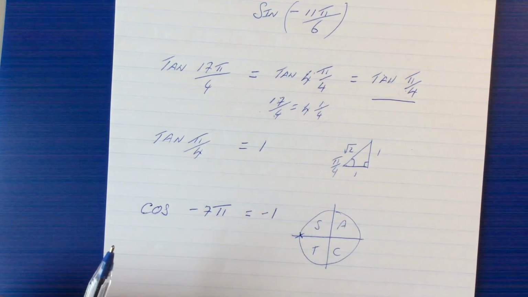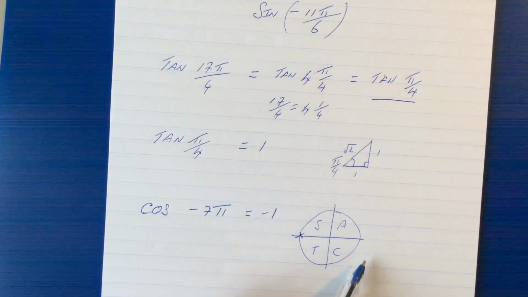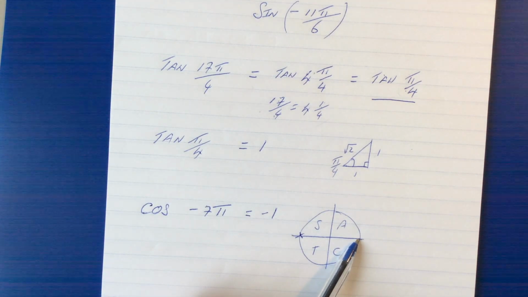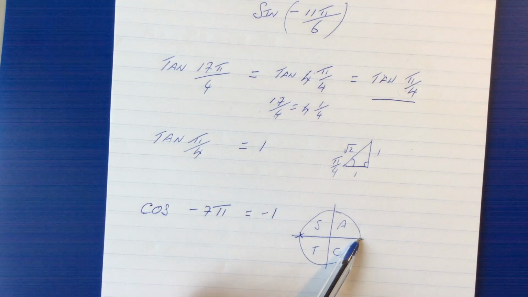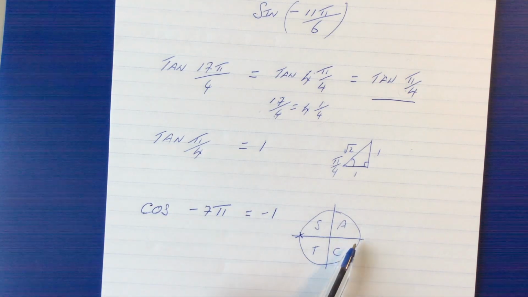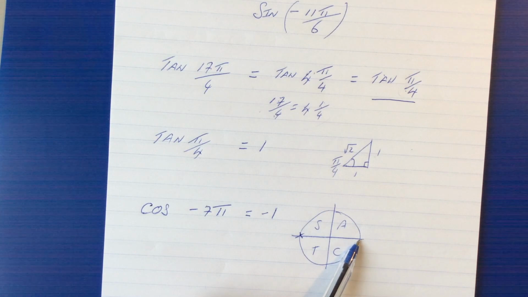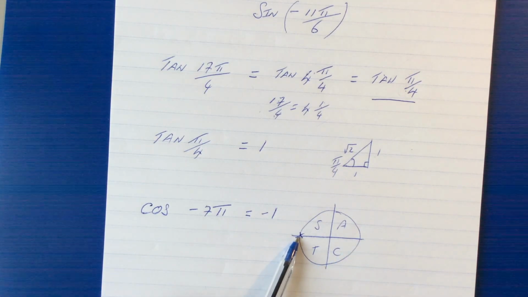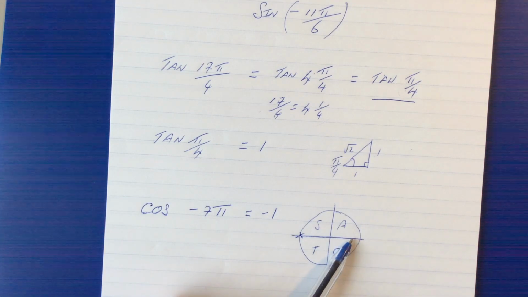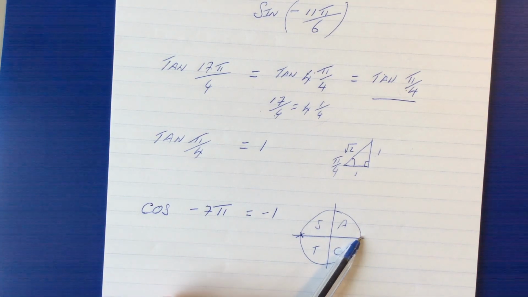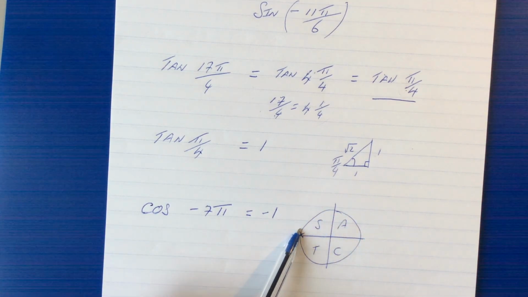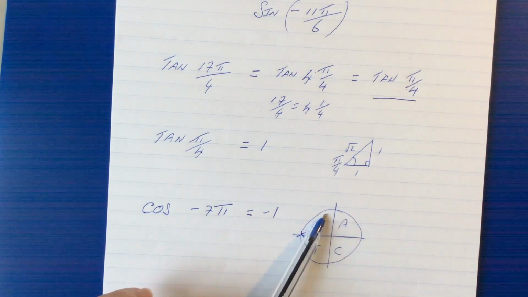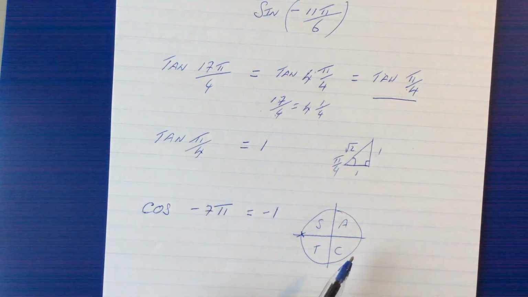Right, this is fairly easy, and I'm going to use the unit circle to deal with this. It's negative, so because I'm old-fashioned, what that says to me is that I go in a negative direction. People who are younger than me go in the normal positive direction, which is actually anti-clockwise, and then they flip the result.